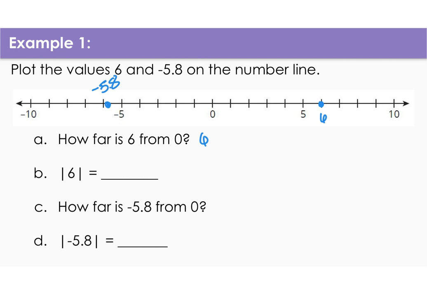So the absolute value, remember these signs are the absolute value signs, of 6 is also 6 because it's 6 away from 0. How far is negative 5.8 from 0? It is 5.8 units away from 0. So the absolute value of negative 5.8 is a positive 5.8 because it is 5.8 steps away from 0.